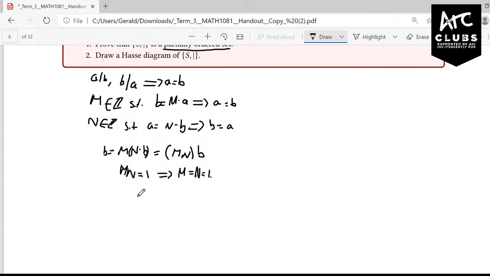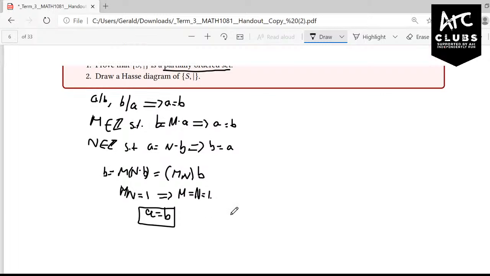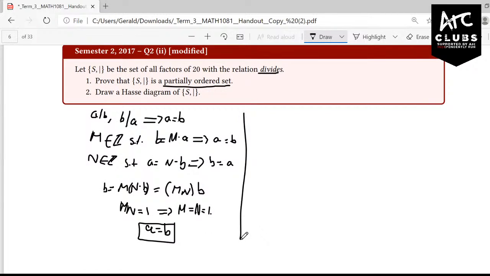And so what we can conclude is that A must be B. So we assume that A divides B and B divides A, and then we arrive at the conclusion that A equals B. And that is how you can show anti-symmetric. So you'll still need to prove the other two properties, that it's reflexive, which is fairly straightforward, and that it's transitive, which again isn't too difficult to show.